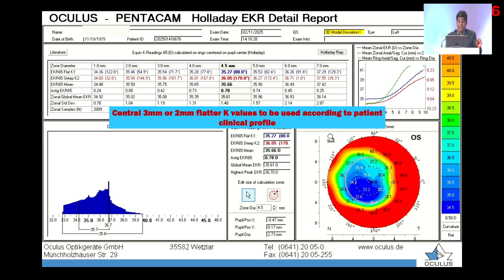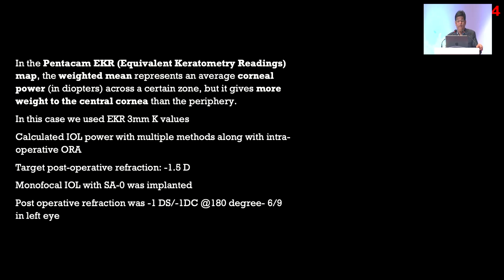So this is a weighted mean which is then given by the Pentacam. So weighted means that values of some parts, like the central part of the cornea, are given more weightage than values in the periphery. So it's not a mean or an average, so that gives a better value on which to plan the surgery.